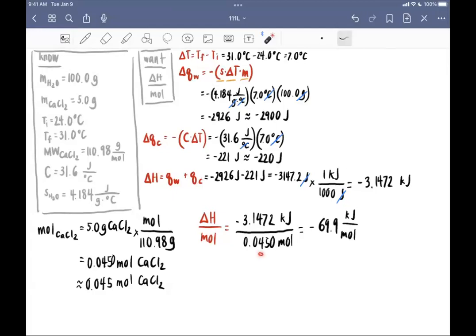In incorporating our moles without the rounding, we have 3. So that means we're at our appropriate 3 significant figures in our final answer there. And so that is how you can go through the calculations for the calorimetry experiment.